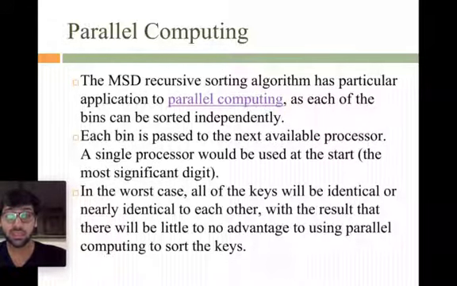So in the worst case, all the keys will be identical or nearly identical to each other, with the result that there will be little to no advantage to using parallel computing to sort the keys, because while forming the bins based on various digits, if the numbers are quite similar, the starting few digits would be the same.